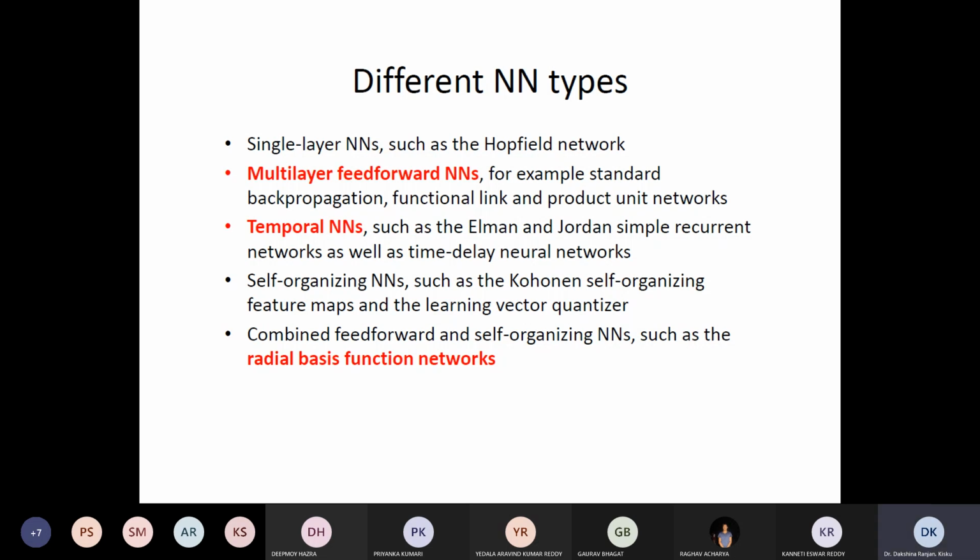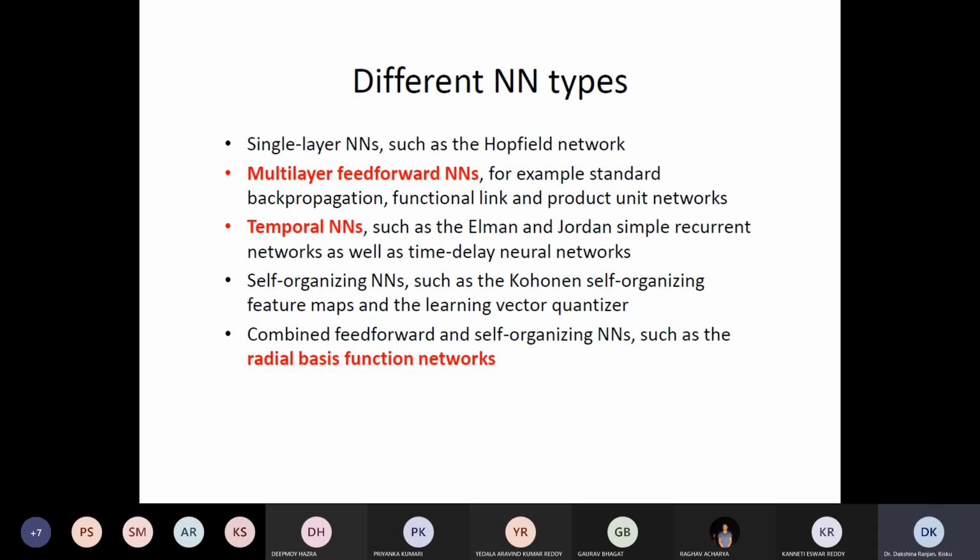We can have temporal neural networks such as Elman and Jordan simple recurrent neural networks, as well as the time delay neural network. These two are examples of temporal neural networks, which are also known as feedback neural networks. Then we can have self-organizing neural networks, such as the Kohonen self-organizing feature maps and the learning vector quantizer.